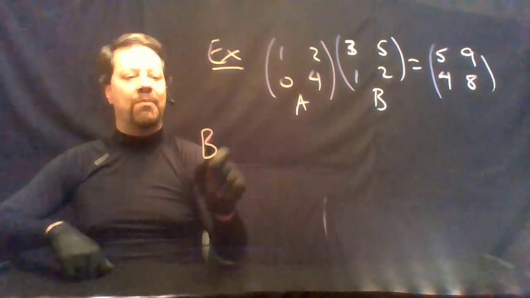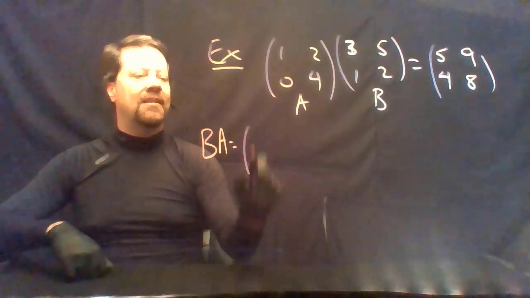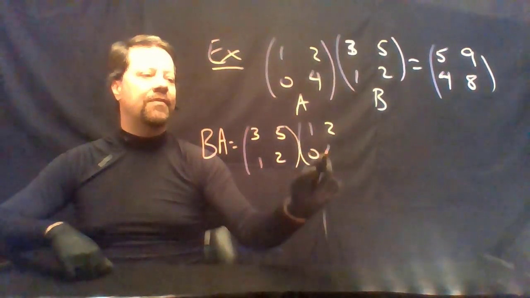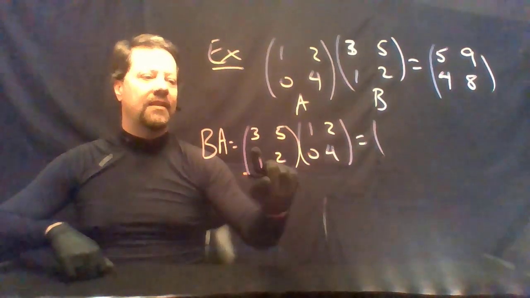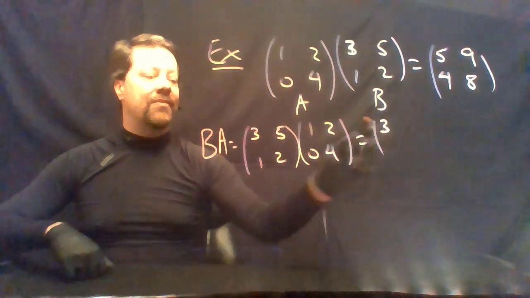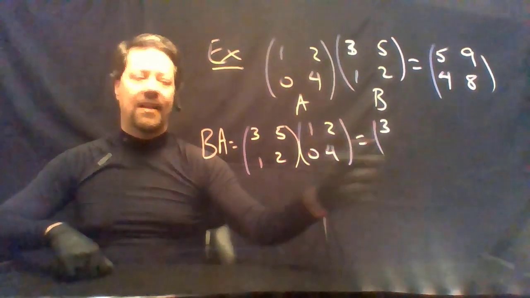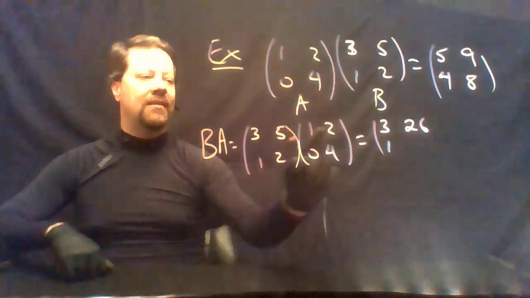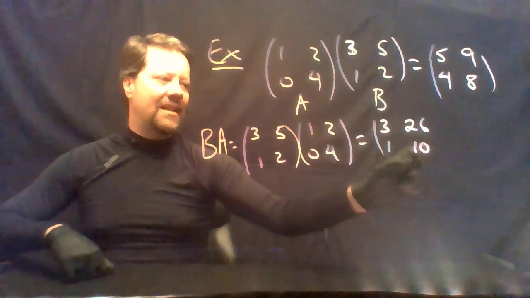What happens if I multiply B times A? That's going to be 3, 5, 1, 2 times 1, 2, 0, 4. 3 plus 0 makes 3. 6 and 20 makes 26. 1 and 0 makes 1. 2 and 8 makes 10.